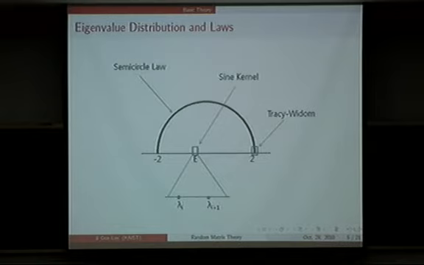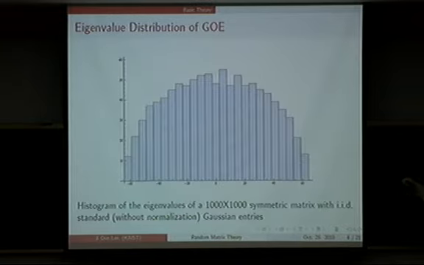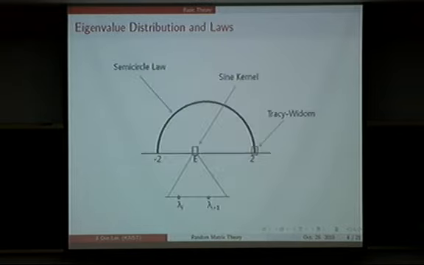So, if you normalize it and draw the distribution of the eigenvalues like we did before, then eventually it becomes like the semicircle. There are 3 laws I explained: the distribution of eigenvalues, the edge distribution, and the gap distribution. The semicircle law just tells that this shape is a semicircle.